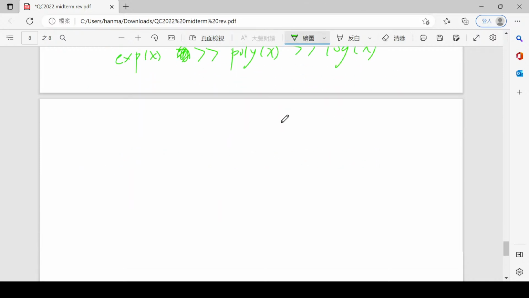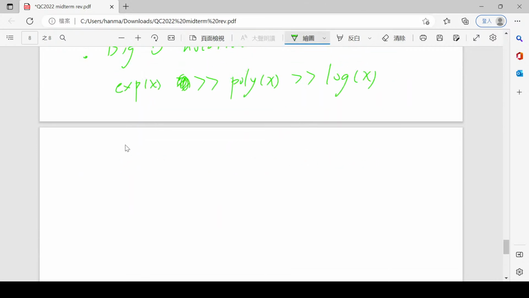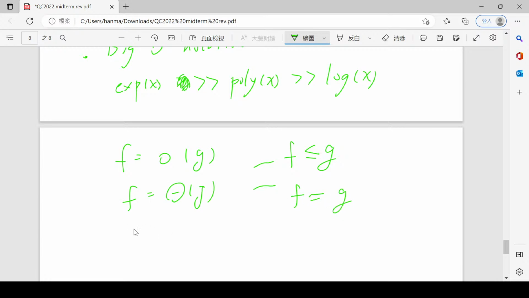Also, f equal to big O of g means f is smaller than or equal to g, f equal to theta of g is like f equal to g, and f equal to omega of g means f is lower bounded by g.